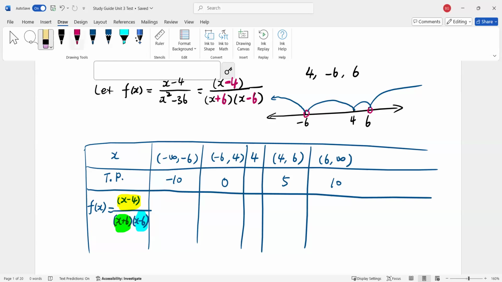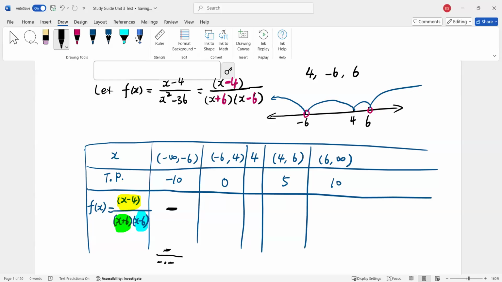Let's analyze. When x equals negative 10, the numerator, yellow, is negative. The denominator, the green, is negative, and the blue is also negative. Everything's negative.